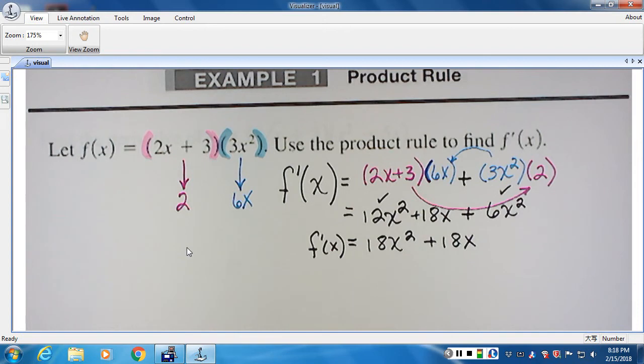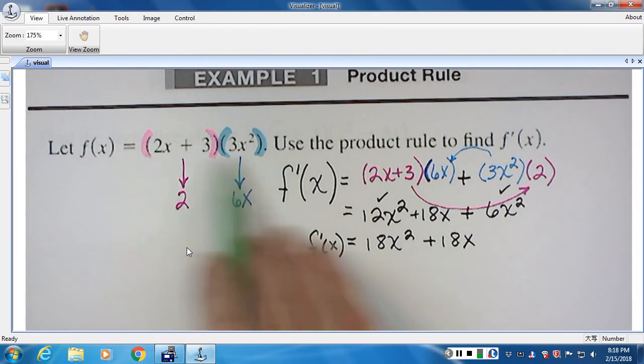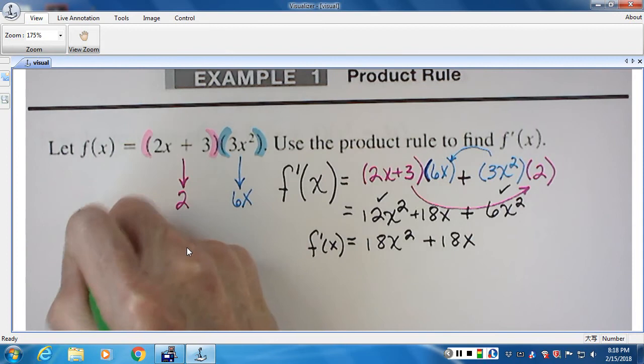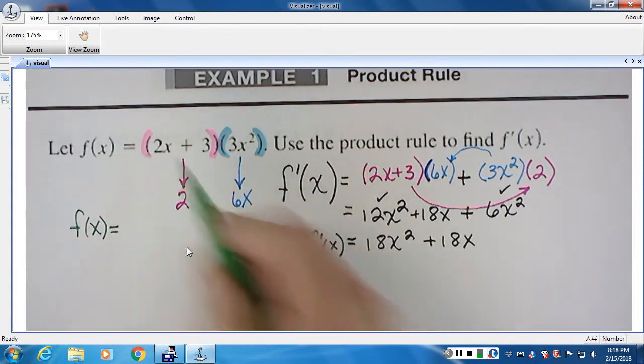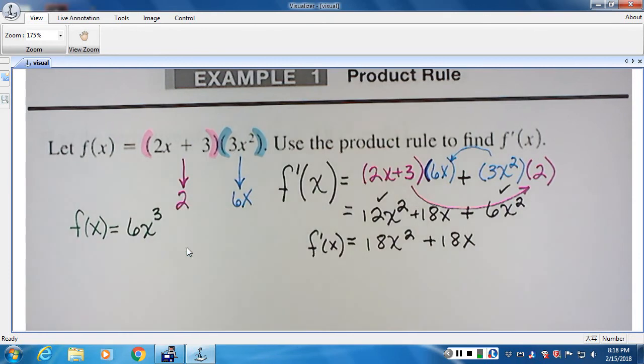Now, it is not necessary that you actually do this, but I'm going to try to make a point to you. I can check this and make sure that I did it correctly. I can check it on the calculator, for that matter. But I can also check it by multiplying out f of x. If I take f of x and take 3x squared times 2x, I get 6x to the third power.